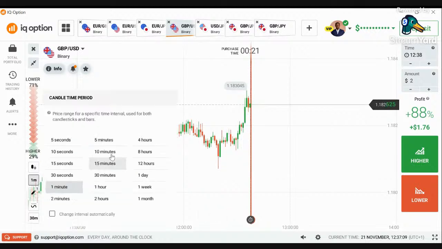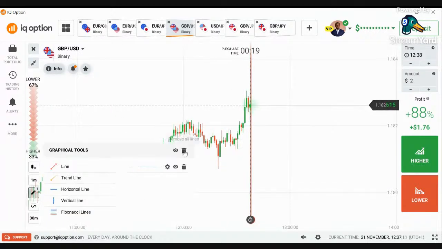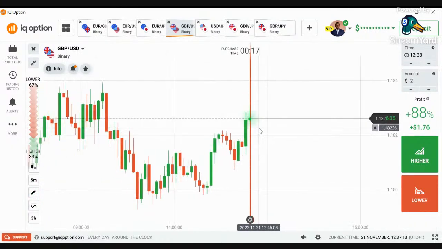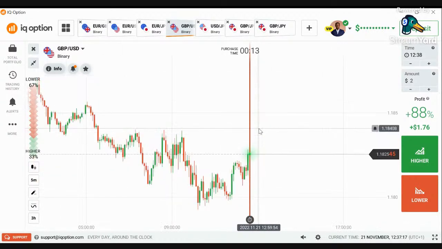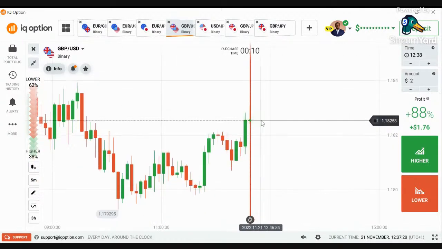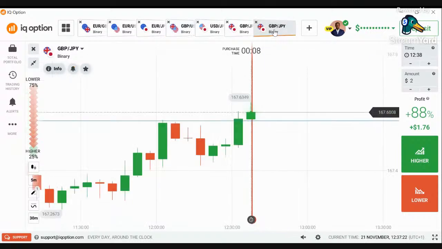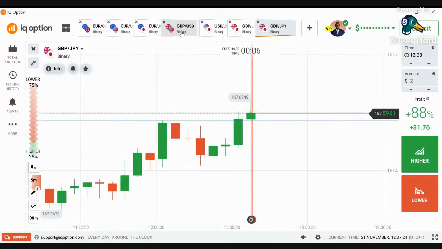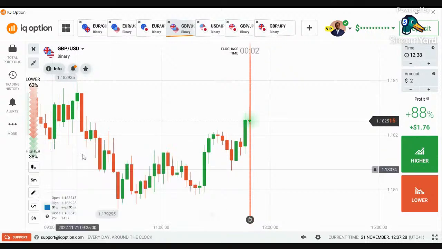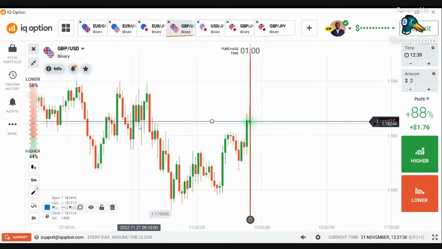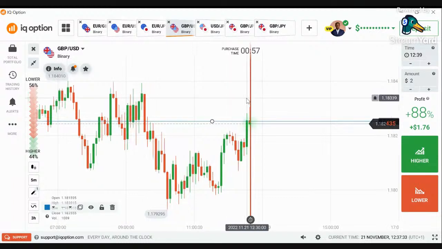Let me see GBP USD 5 minutes. Okay, this is GBP USD 5 minutes. The market might still sell. GBP USD is rejecting heavily, and we have a level here. We have so many reversals around here.